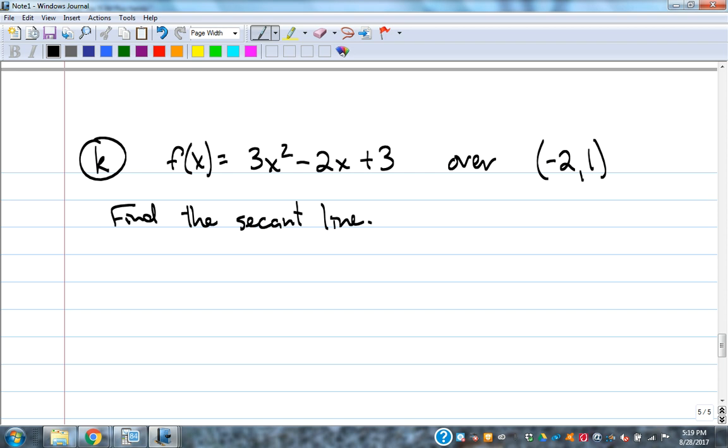The slope. To find the slope, what do we need to find? What do you got to have to find slope? Ordered pairs. Where are we getting those? The interval. So f of -2 and f of 1.